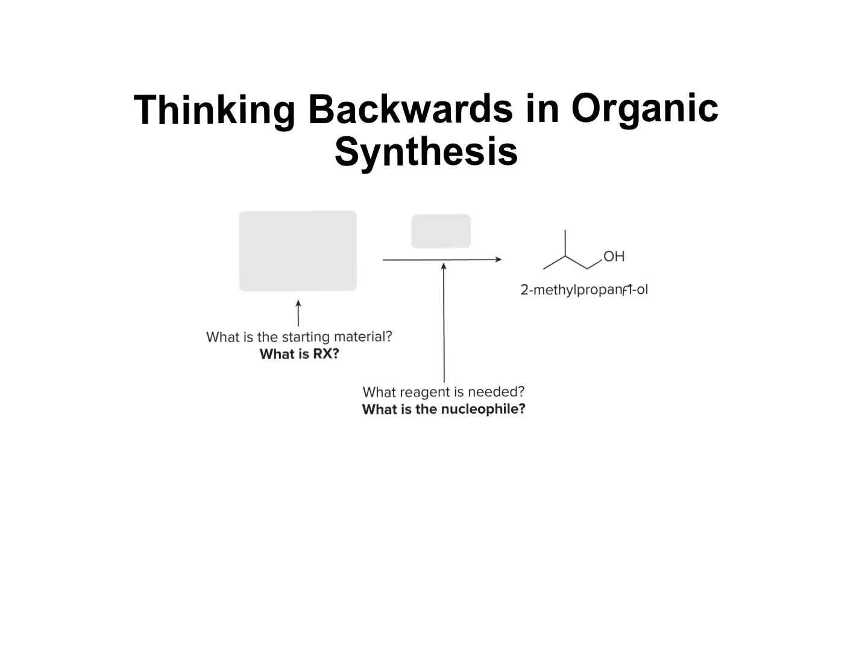Now, when we carry out a particular synthesis, right, we tend to think backwards, as I mentioned. So, for example, if I want to make this guy, this is 2-methylpropanol, I need to determine 2 compounds that I can use to make this molecule. And you need to ask yourself, what's the starting material, right? So what's going to be my alkyl halide? And then what is my nucleophile going to be?